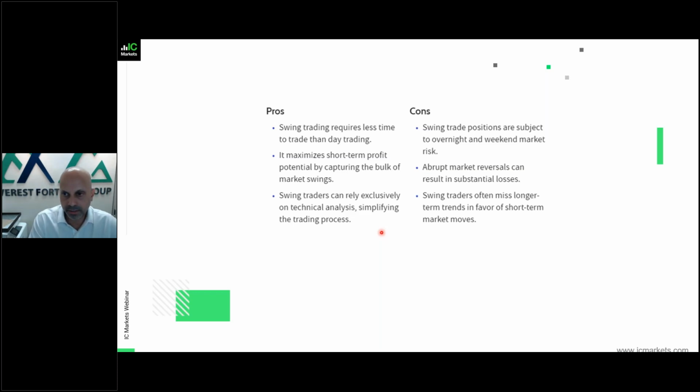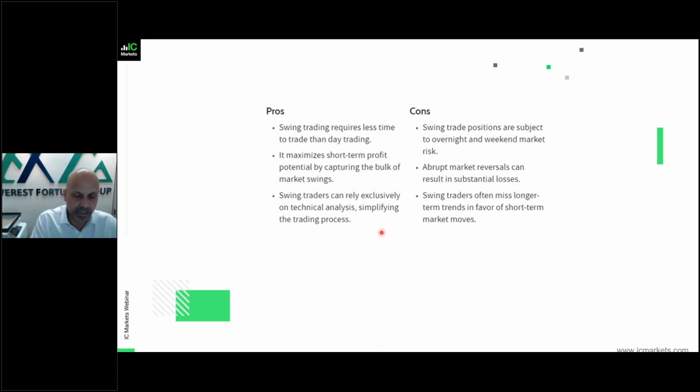What about the negative aspects of swing trading? Swing trading positions are subject to overnight and weekend market risks. As we all know, on weekends all the markets close: the commodities, the exchanges, the futures markets, the stock markets, and the FX markets are all closed.